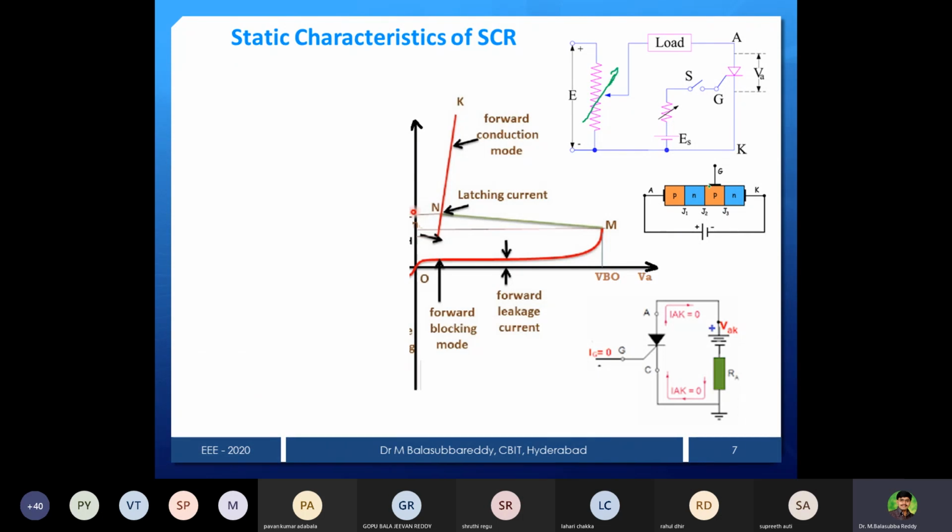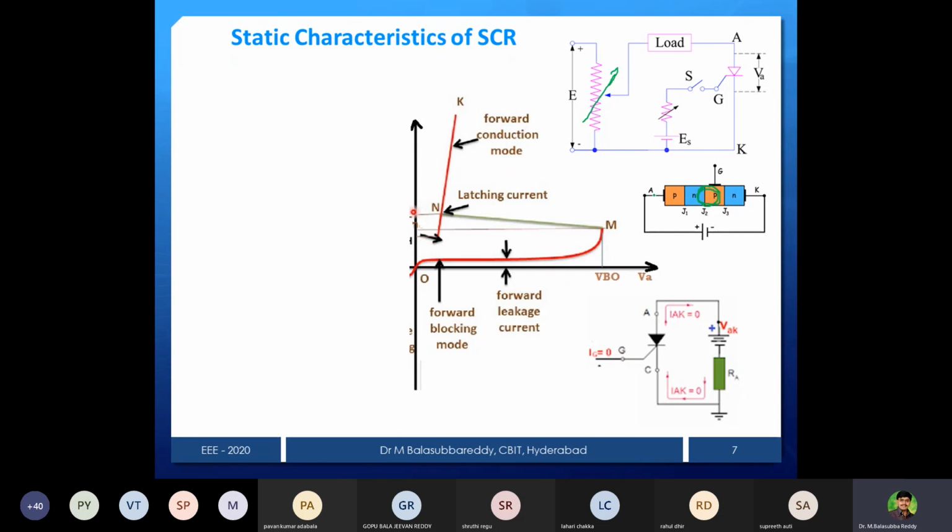Then the depletion layer is going to break down. The reason is that the width of the depletion layer is inversely proportional to the applied voltage across that layer. That is a very direct relation.